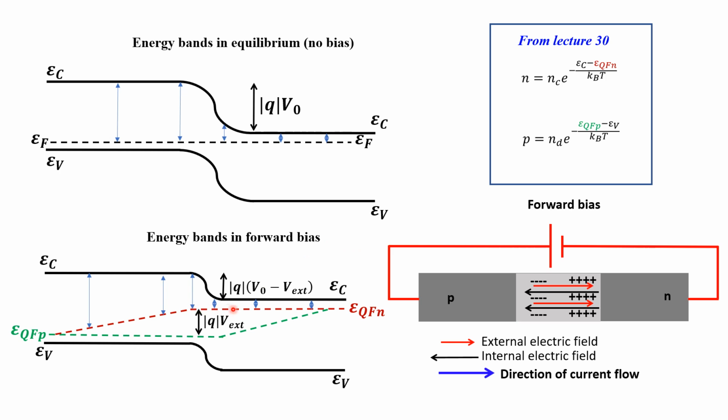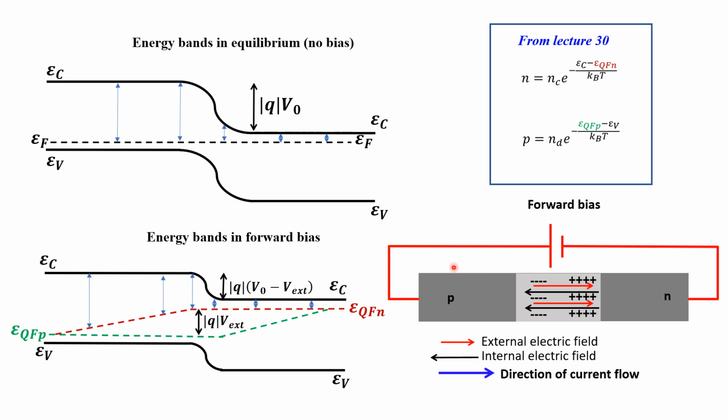So we can ignore this effect, then we are going to consider that the Fermi level is still constant, and then when we enter the p side, like in this edge here, we notice that, because the band is less bent here, this distance here is considerably shorter than this distance. So that means that the concentration of free electrons on the edge of the depletion region in forward bias is much higher than the concentration in equilibrium.